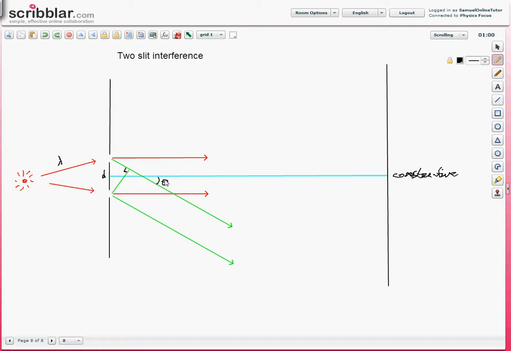Now if this angle is theta, so is this. This gives us here this small right-angled triangle, and the extra distance travelled by the upper green line is this length here, which simple trigonometry gives us.